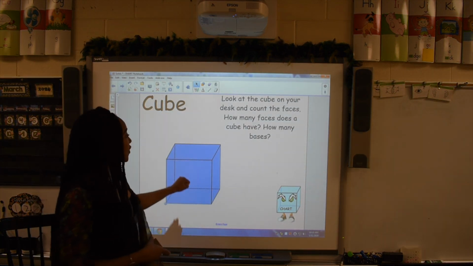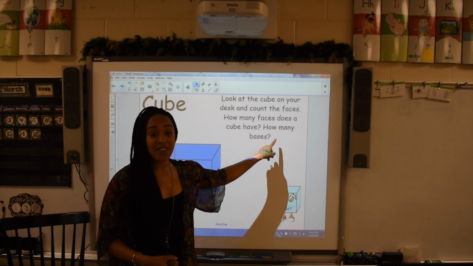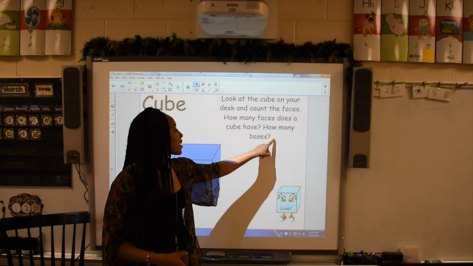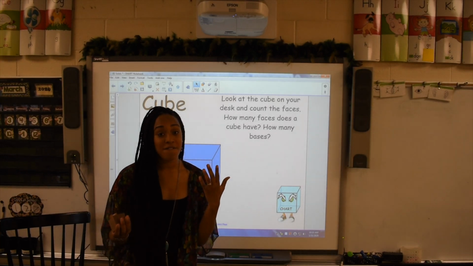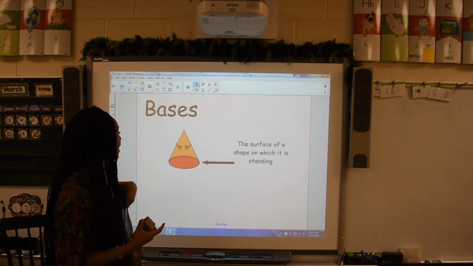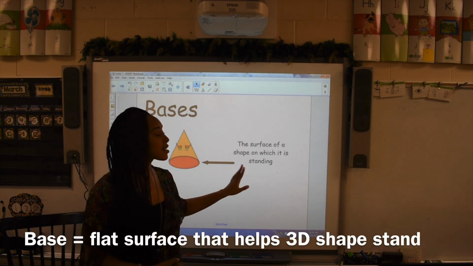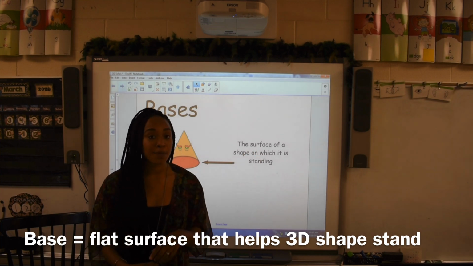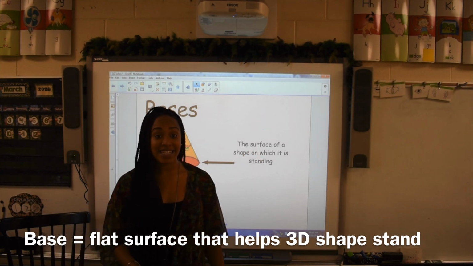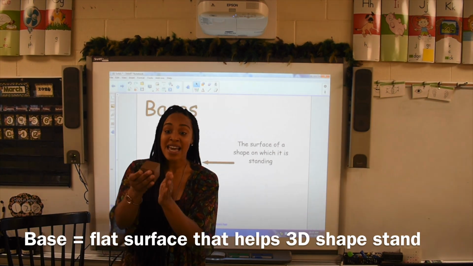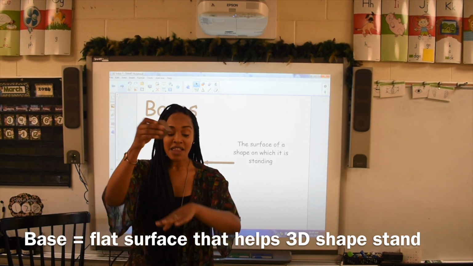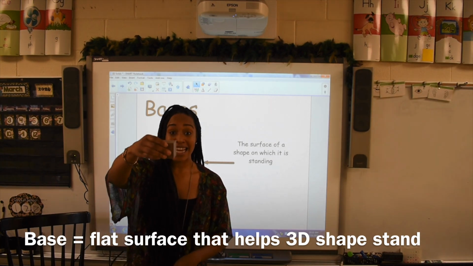Now, we're looking at the cube. I'm going to look at this last question right here because it says, how many bases or faces? Let's learn what that is. A base is the surface of a shape where it is standing. So, pretty much the base of a 3D shape is that big flat part that can help that 3D shape stand.